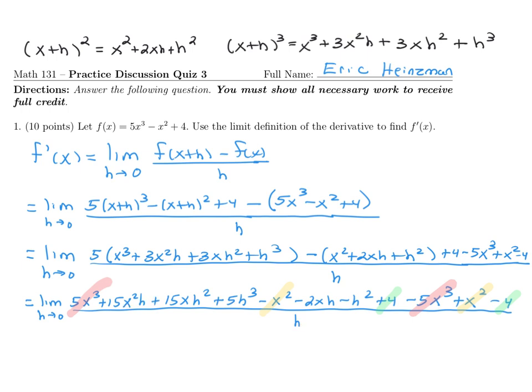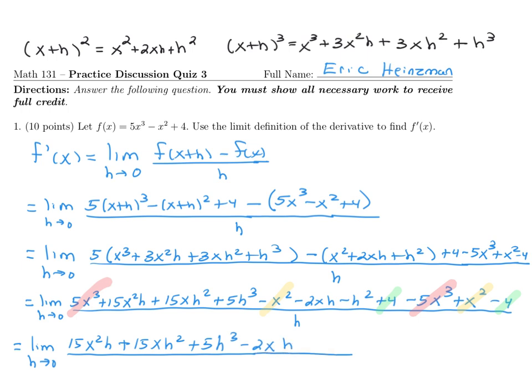So we're getting close to the end. This is the limit as h goes to 0 of, okay, so we have 15x squared h plus 15xh squared plus 5h cubed. Okay, then we have minus 2xh and minus h squared. Okay, that's everything. That's all for h.